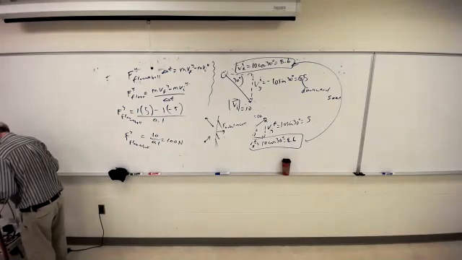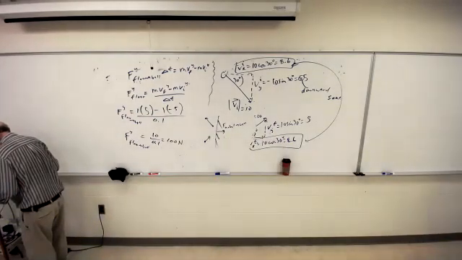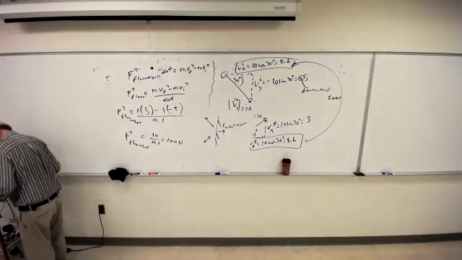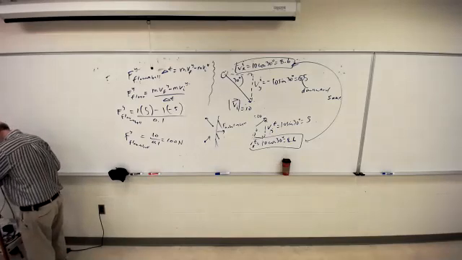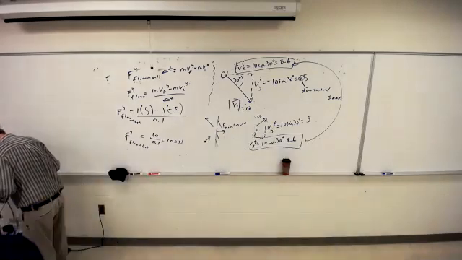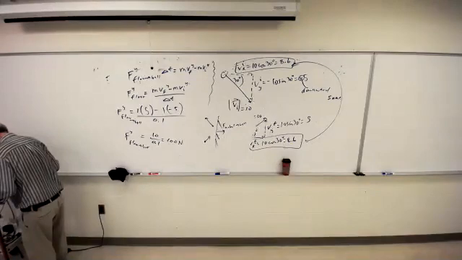Whereas something that has a different height, you have to use mgh, because that's gravitational potential energy. So there's two types of potential energy: gravitational, and then spring potential energy. Does that make sense? So when we have the spring, we have to make sure we have one half k x squared. Okay.